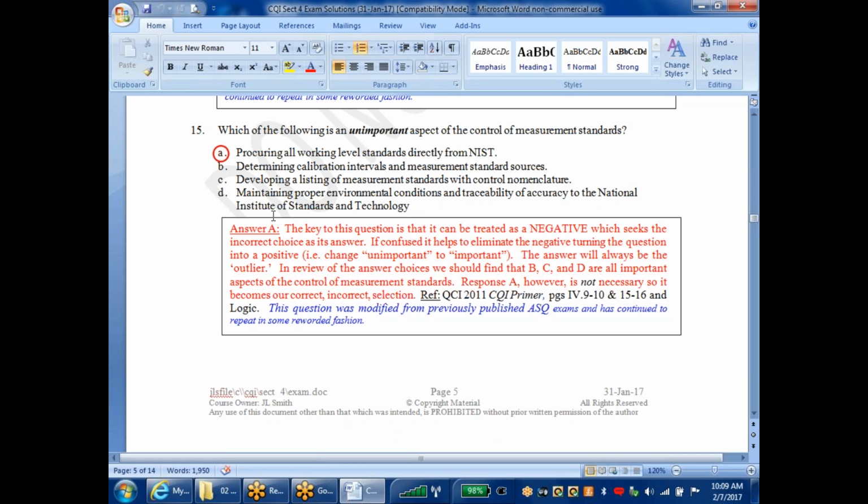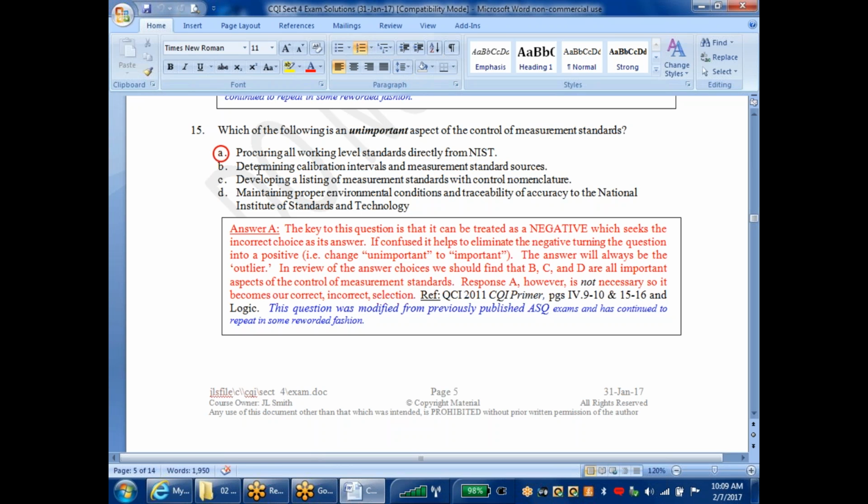Well, what I call the correct-incorrect choice in this negative is procuring all working level standards directly from NIST. Ooh, man, now again, working level, and directly from NIST, National Institute of Standards and Technology. I don't think I want to do that for working level standards.